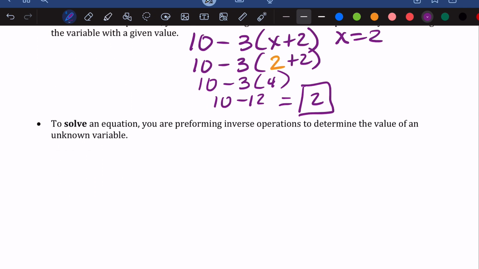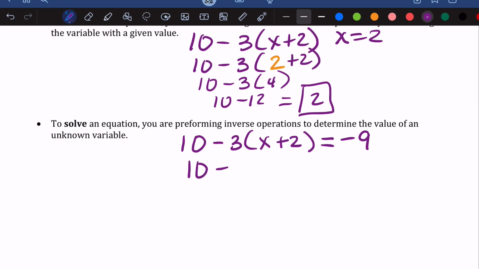And the last one is what we're actually going to be working on today, which is solving the equation. And so I'm going to start with the same one here. What makes it an equation is when I have it equal to something on the other side. And by having it equal to something on the other side, let's say -9, I'm able to still do the same thing I did on the left side, simplifying it to write it in as few terms as possible.